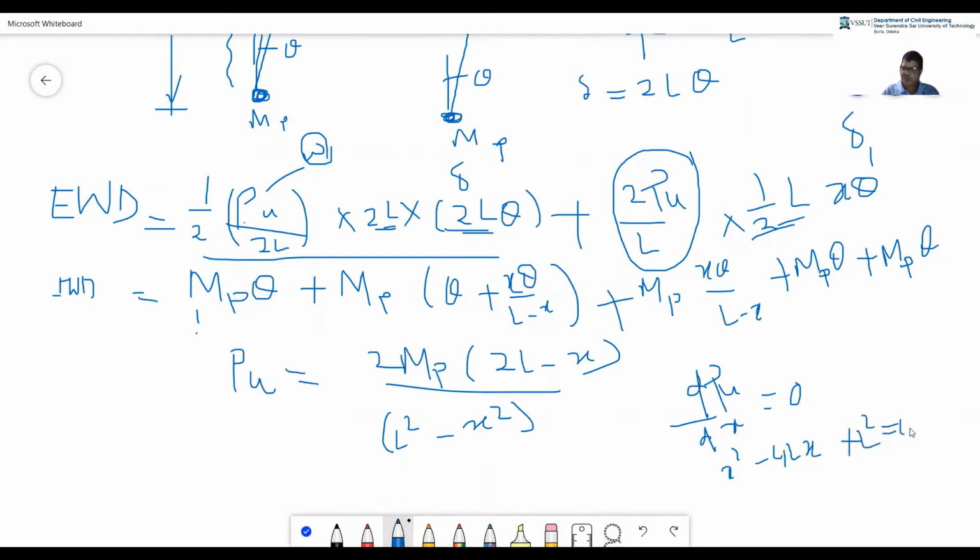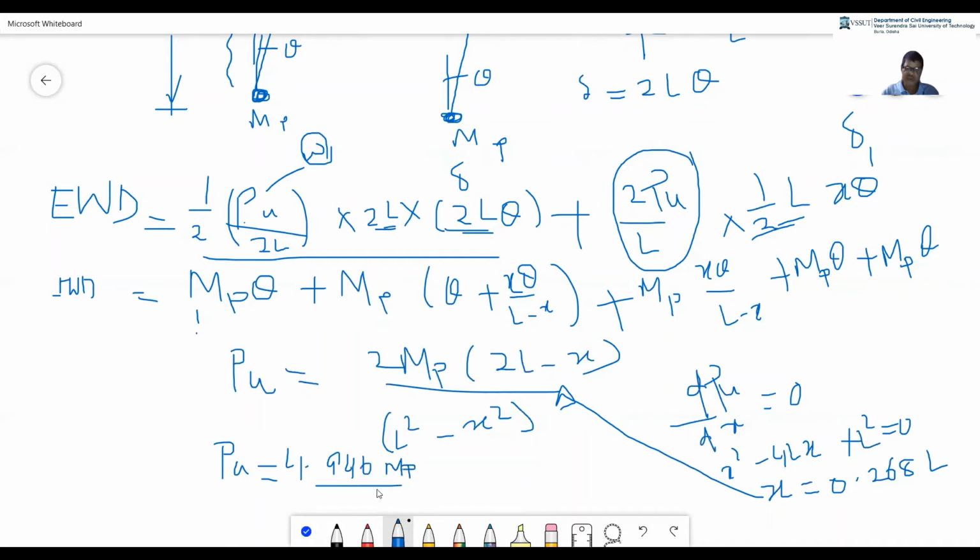If you solve this quadratic equation, your x value will come as 0.268. By putting this x value here, you can find this PU, which we will find is 4.946.